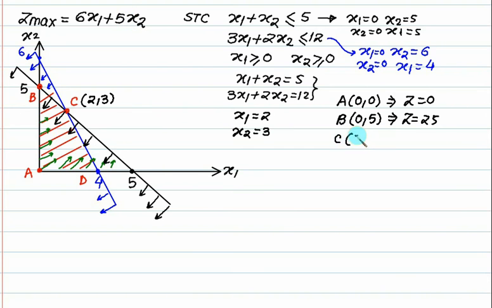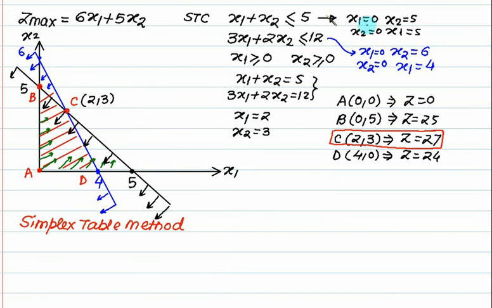Our coordinates are 2, 3, which will generate Z equal to 6 times 2, 12, and 3 times 5 is 15, 12 plus 15, 27. And finally we are at D, which is the solution 4, 0. So 4, 0 will be 24. And the best solution is obtained at x1 equal to 2 and x2 equal to 3.